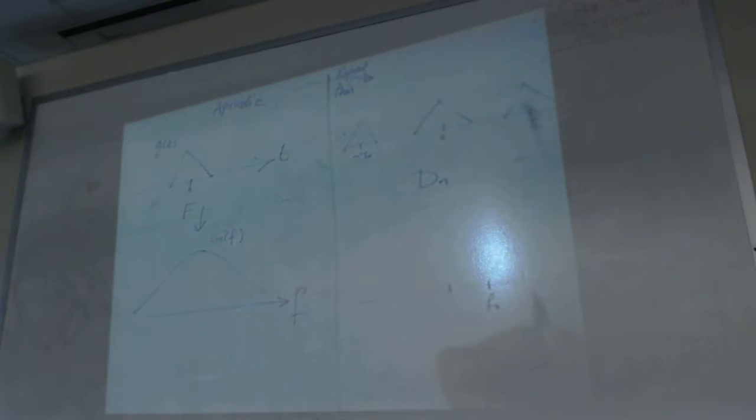Now if you make this periodic, or repeat this every T, so now this is periodic, you're going to have Dn. Remember, we'll have discrete frequencies: f naught, twice f naught, 3 times, etc. So what's the relationship between these?